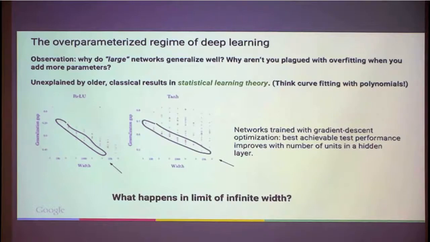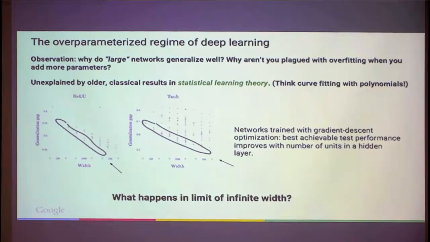So this is one snapshot of a problem that I'm working on before I go on to other problems. I mentioned at the beginning that the trend in the field is now towards overparameterization in these neural networks. And one of the big problems for theory is why do neural networks that are very large perform well?